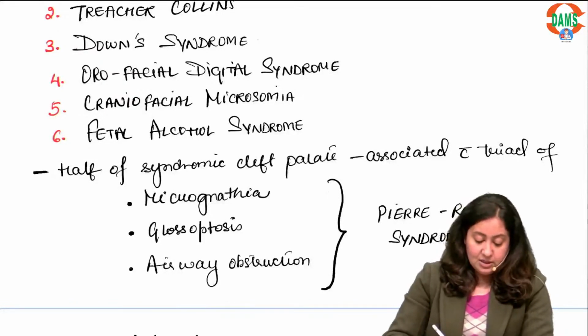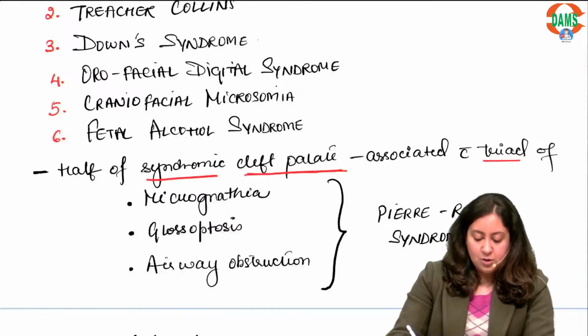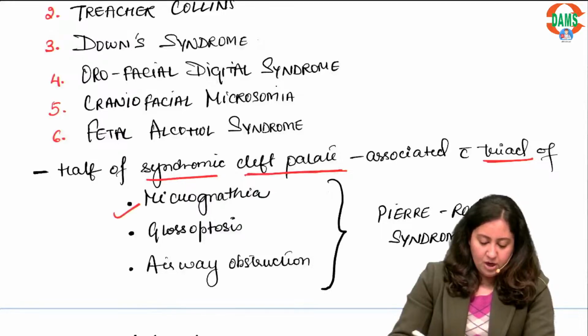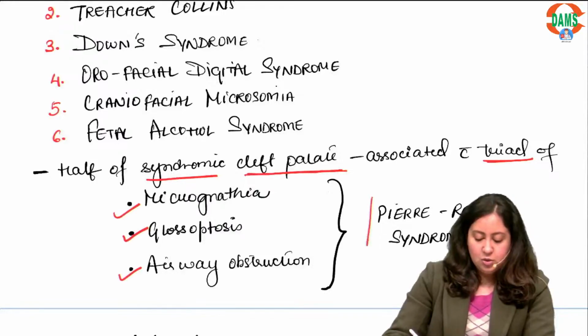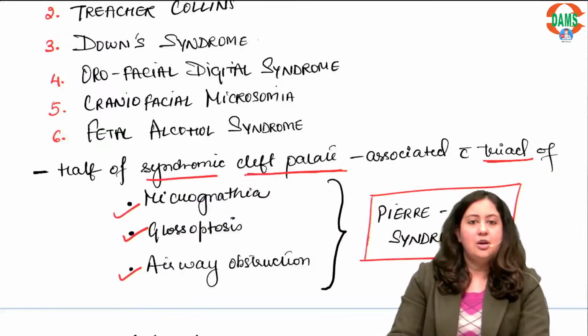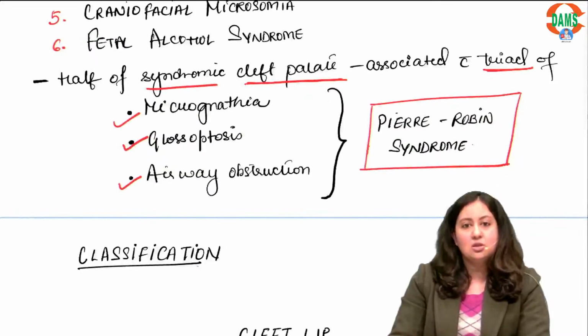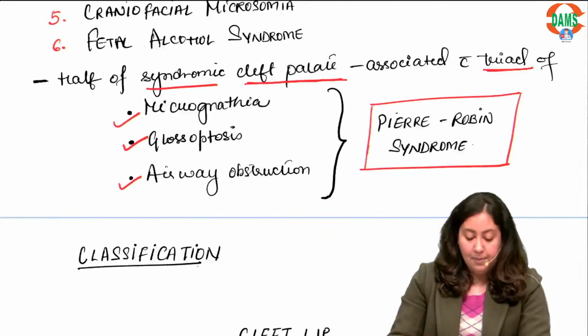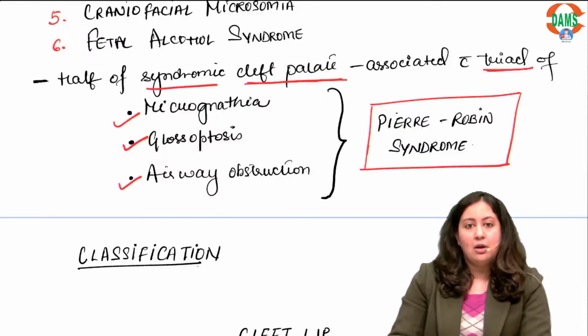Half of the syndromic cleft lip palate cases are associated with a triad of micrognathia, glossoptosis, and airway obstruction, which is known as Pierre-Robin syndrome. Pierre-Robin syndrome is also associated with cleft lip and palate, but it is a triad of micrognathia, glossoptosis, and airway obstruction.